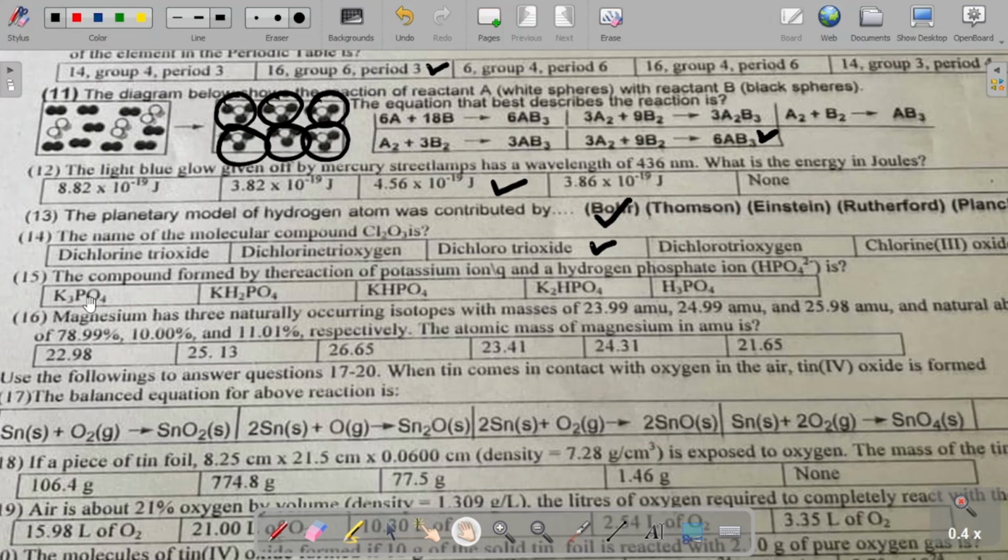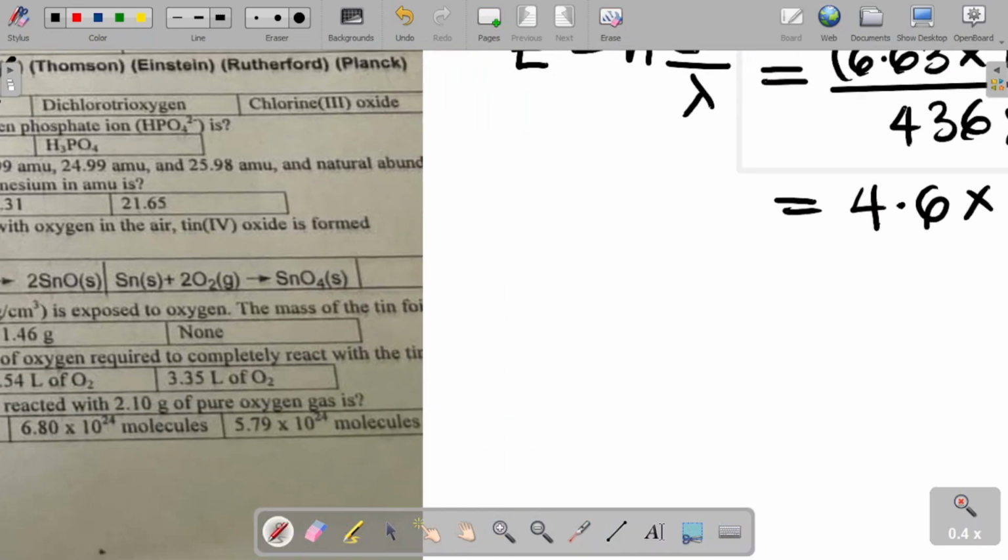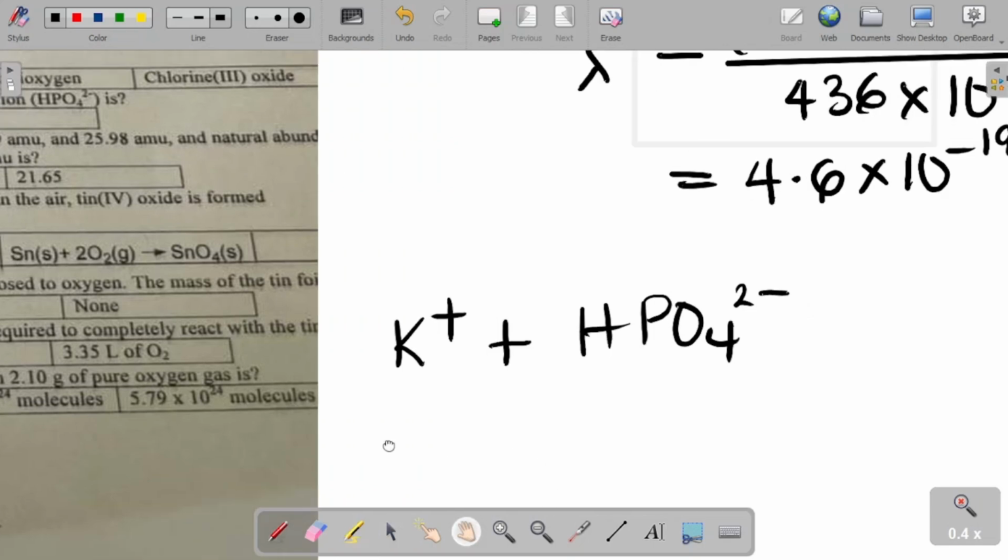Number 15 here, the next one. 15 says the compound formed by the reaction of potassium ion and a hydrogen phosphate ion. So potassium ion is K plus, combining with hydrogen phosphate ion, which is given as HPO4 2 minus. What will be your answer?